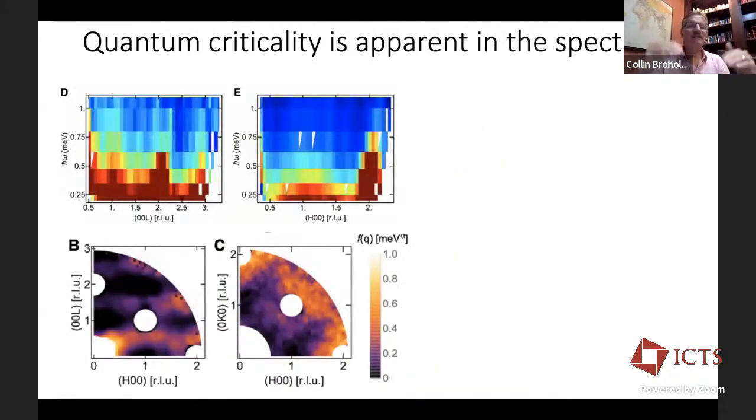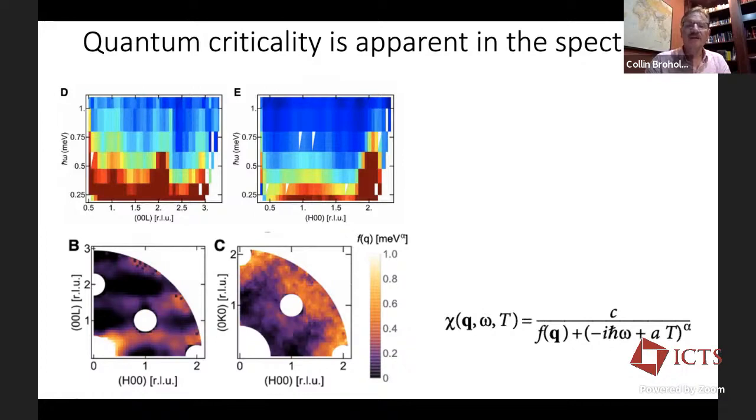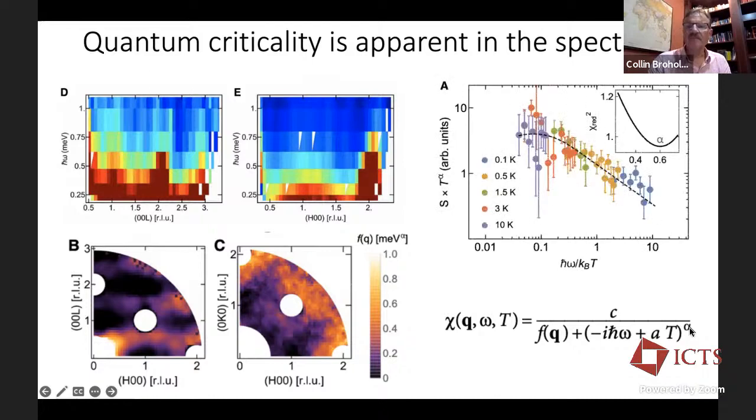However, you do see that all of the magnetic response is gapless and is really building up towards energy equals 0. And you can fit the energy and momentum dependence with this kind of susceptibility form, which involves a critical exponent alpha.